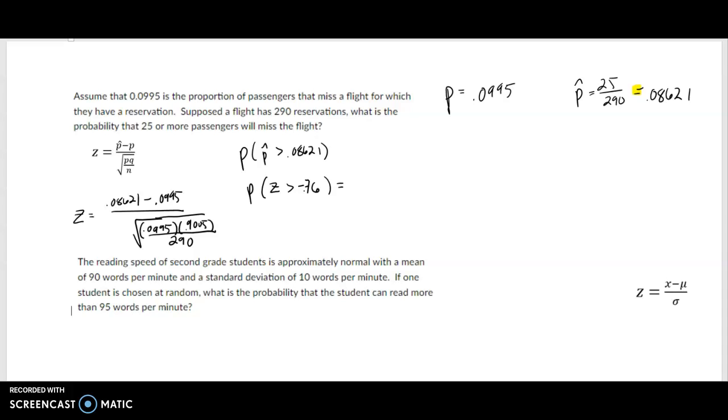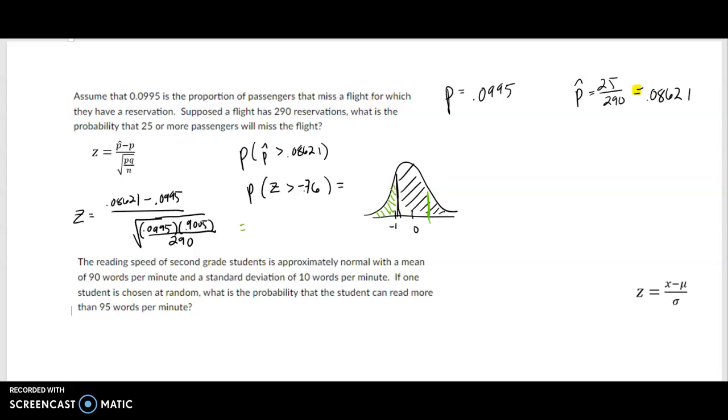Again, anytime we have probability greater than, in my standard distribution I'm looking for this region. What the chart gives me, if we're using the chart approach, is this region. I can do two things. I can use the shortcut where you just look up the positive value, because it's symmetric, so the area to the left of that would be the same as this black area.